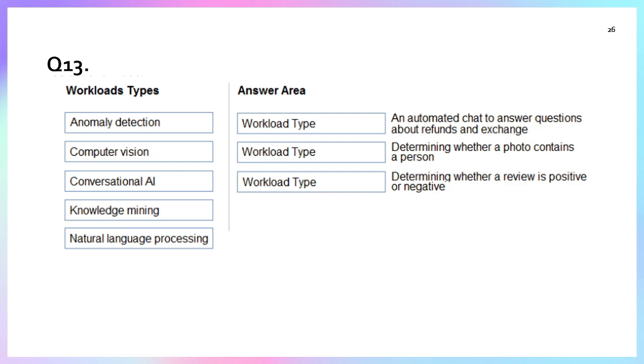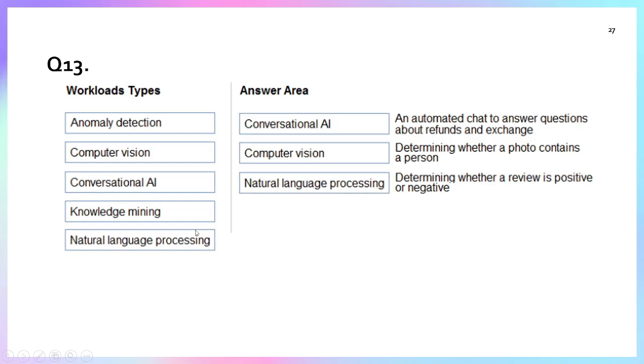That is natural language processing, not anomaly detection. Yes, natural language processing. So the first one is conversational AI, vision is here, and natural language processing goes here. Computer vision is here.